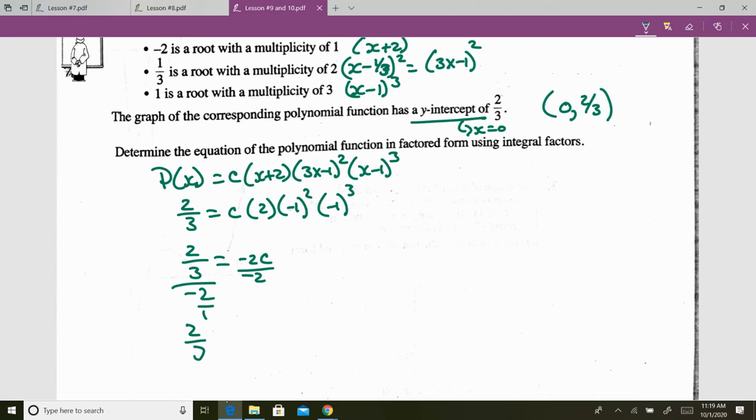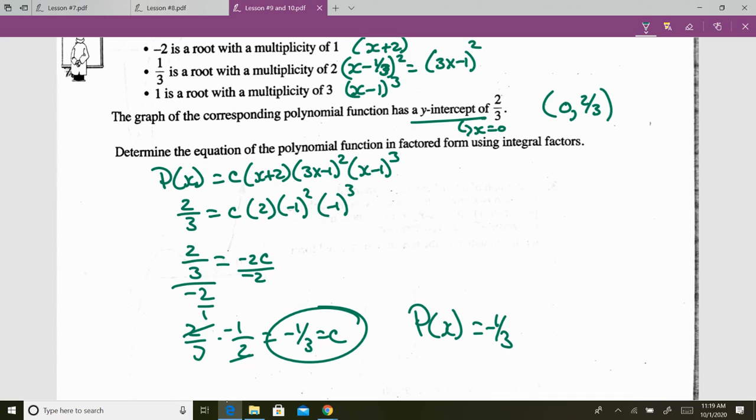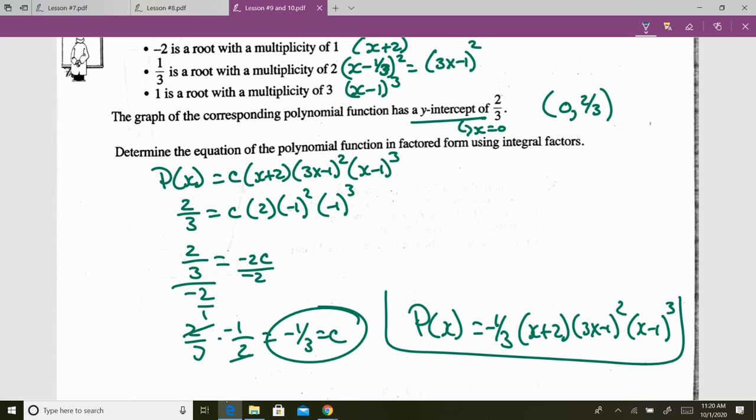So it's 2/3 times -1/2. Those cancel, and you're left with -1/3 is equal to C. So the proper form is -1/3 times x plus 2, 3x minus 1 squared, x minus 1 cubed. And there you go.